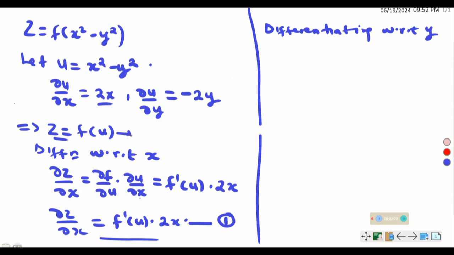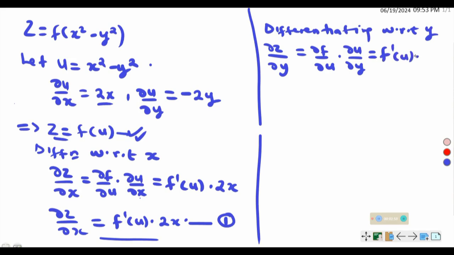So differentiating z with respect to y, it means you will have del z del y, which is same as differentiating f with respect to u, then times del u del y, which will give us f derivative of u times del u del y.